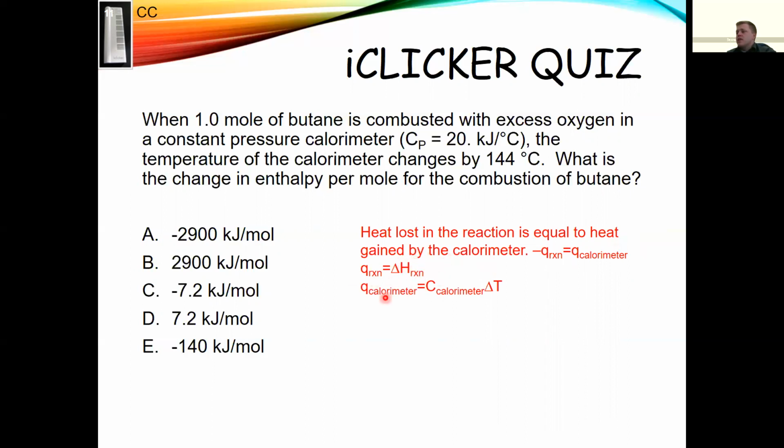We're going to also say that the Q for the calorimeter is equal to C of the calorimeter times our delta T. Plug these values into this equation, and we'll find that delta H is equal to the negative heat capacity of our calorimeter times the change in temperature, which is just negative 2,880 kilojoules. Now, when we take sig figs into account, we're going to have to round that to 2 sig figs. So our answer will be negative 2,900 kilojoules per mole.